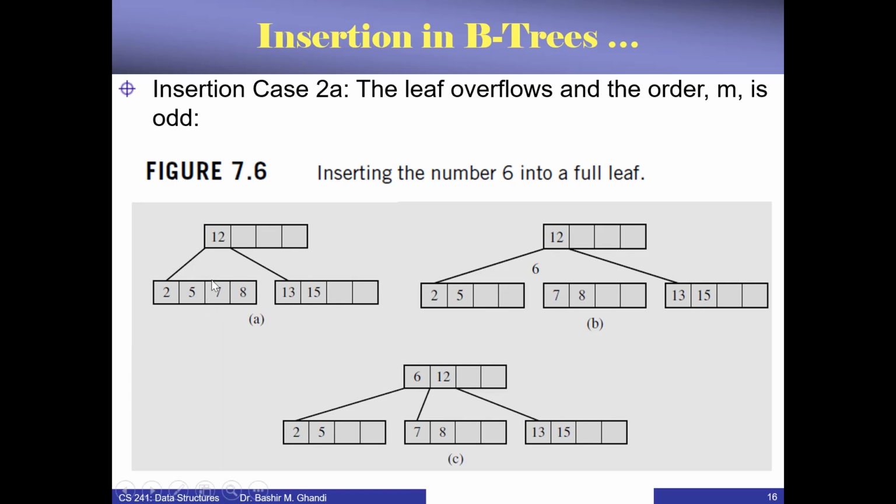Now here it just happened that the key we are inserting is the middle. What if it is not 6 we are inserting, it is 9, for example? In that case 9 actually will be after 8, right? So when we split, it is actually the 7 that is the middle.